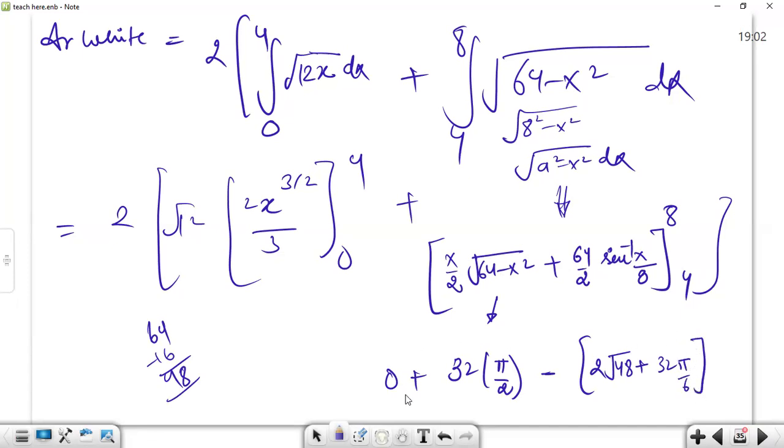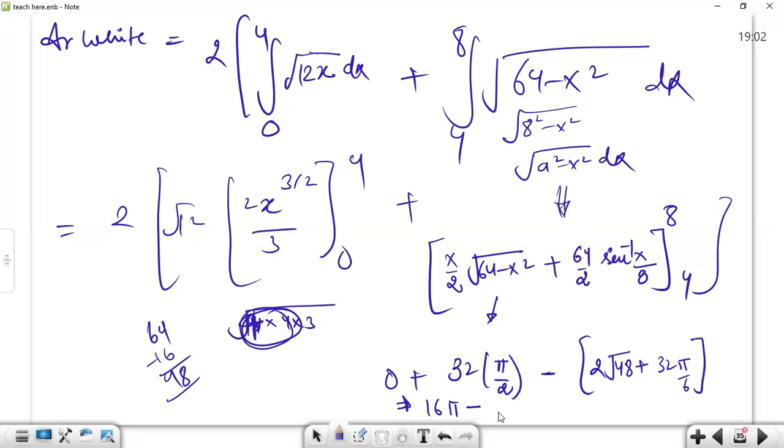Yes, I'm right. So this will become 16 pi minus 2 into the square root of 48. 48 can be written as 4 into 4 into 3.